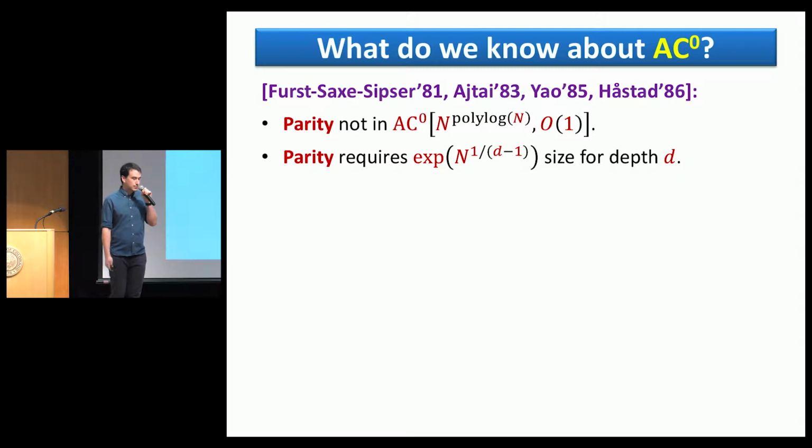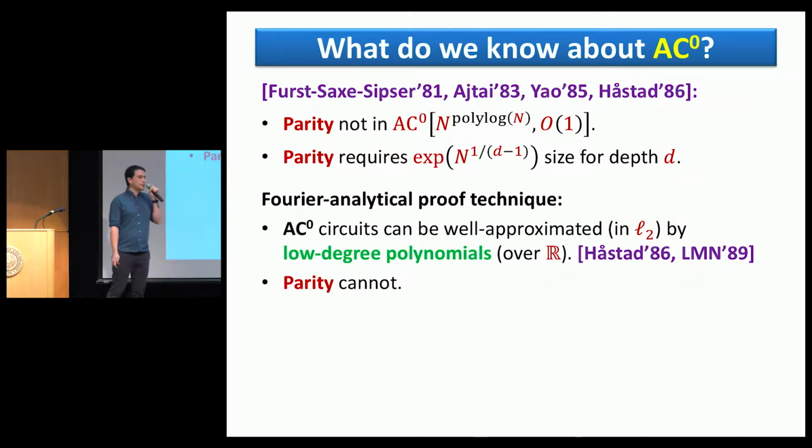I want to mention one of the proof techniques. This proof technique uses Fourier analysis. Based on the work of Hastad, Linial, Mansour, and Nisan, you can show that any bounded depth circuit, any AC0 circuit, can be well approximated by low degree polynomials. You look at this circuit, which is a Boolean function, and you can find a low degree polynomial over the reals that gets the answer correct up to a small error.